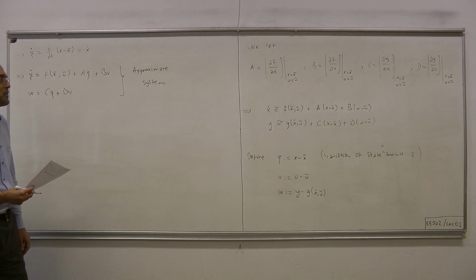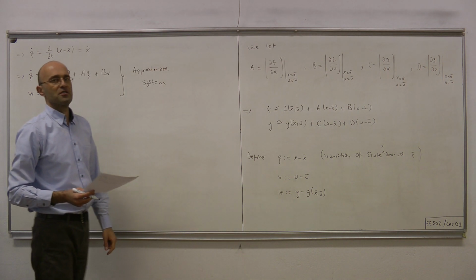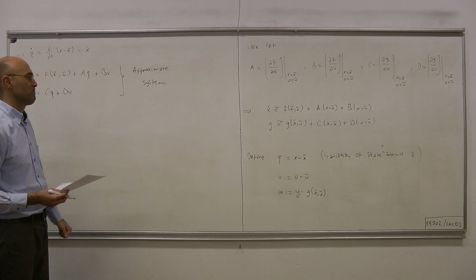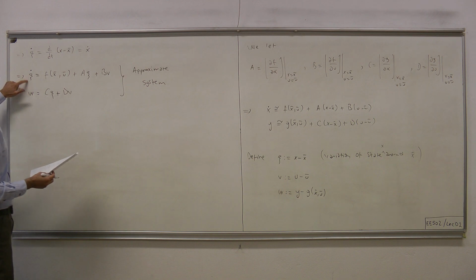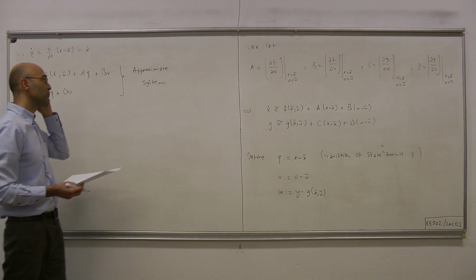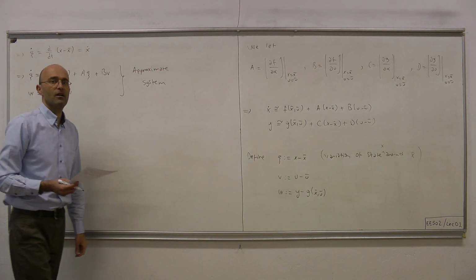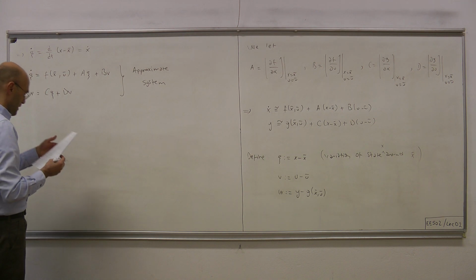Now the question is, what's the relation of the approximate system to the actual, original system? Or what's the relation of the solution psi of t coming from the approximate system to the solution x of t of the actual system?